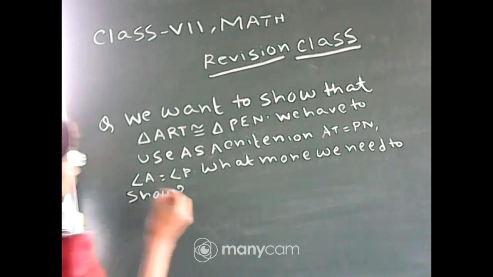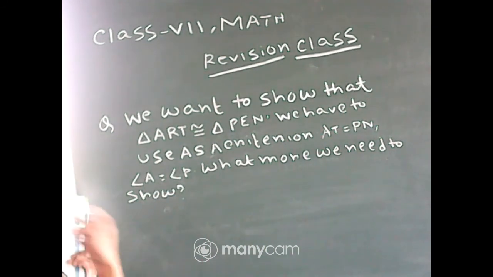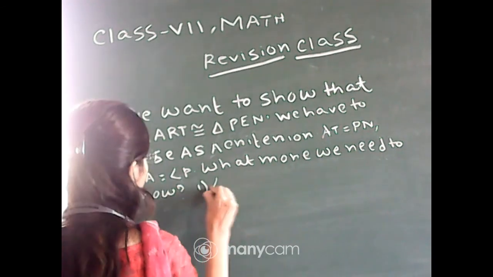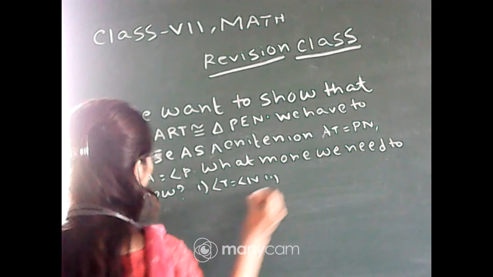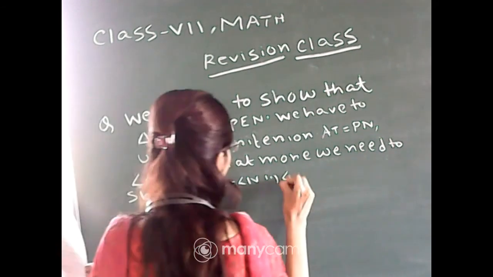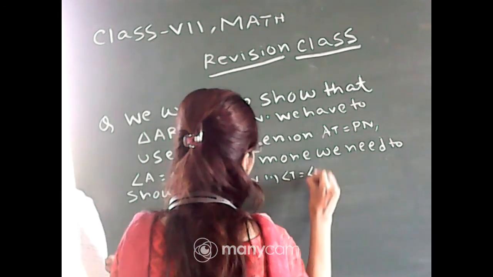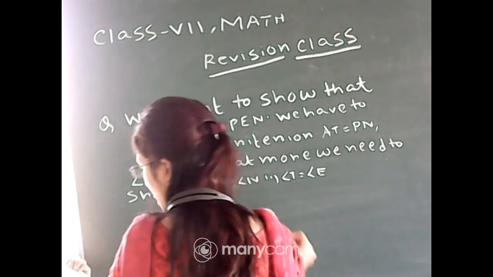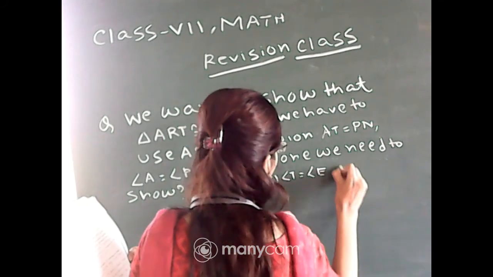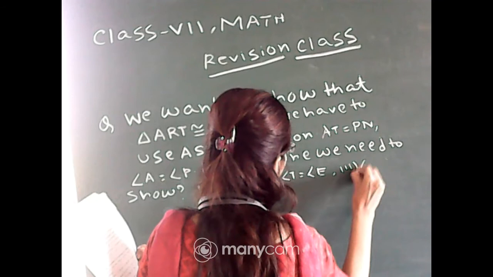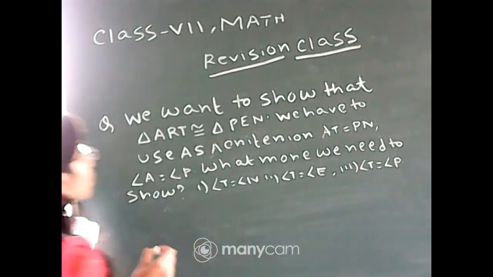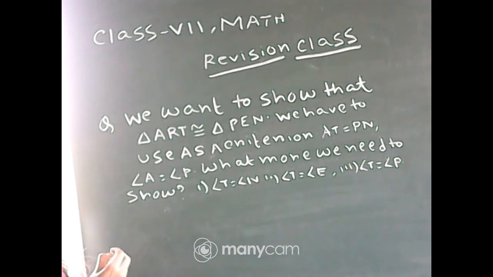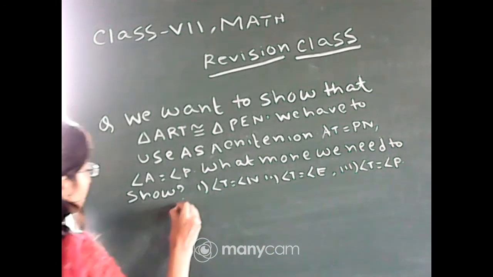Option 1 is angle T is equal to angle N. Option 2 is angle T is equal to angle E. And option 3 is angle T is equal to angle P. First we draw the triangles ART and PEN.